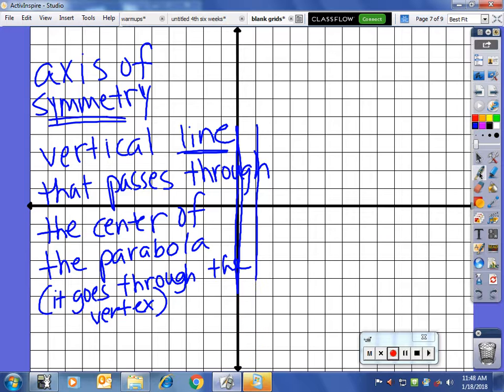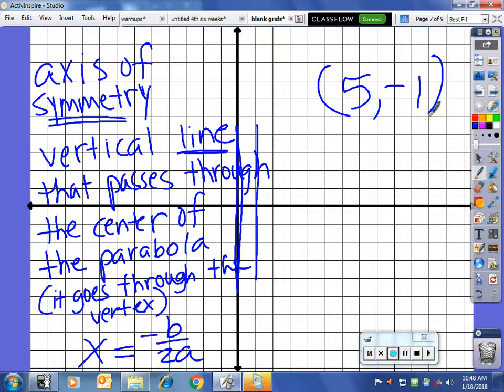Now, how do you find that equation? It's the same way you find the x value of the vertex. X equals the opposite of b over 2a. So pretty much, once you have found the vertex, you already know the axis of symmetry. Pretend like we did a problem and I asked you to find the vertex and it was 5, negative 1. What's the axis of symmetry? Not 5.